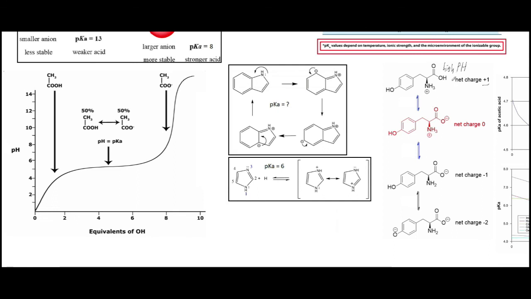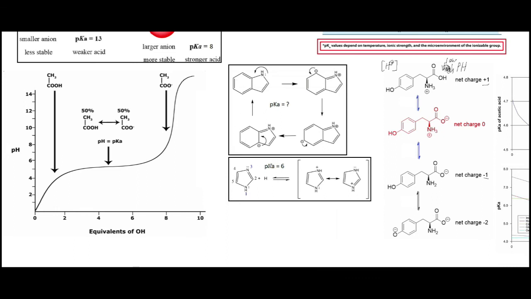And as we increase the pH, you will see that we start deprotonating things, and this will be deprotonated first. Then this will be deprotonated. Now we have a net charge of -1, and then eventually we will deprotonate the side chain.